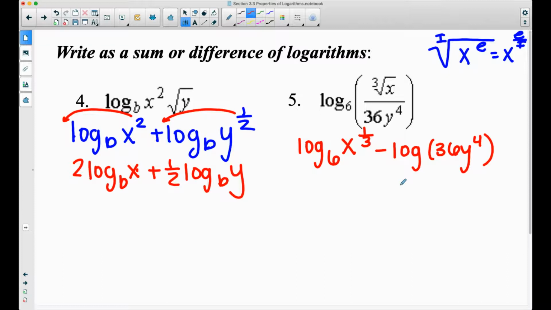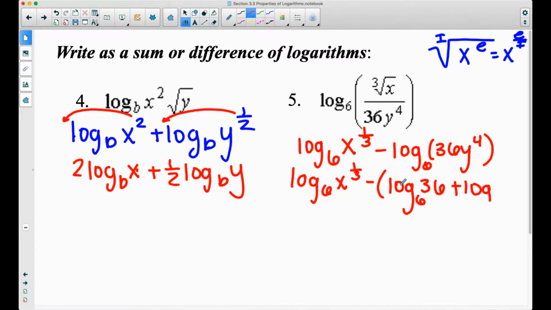So when I expand out that 36y to the 4th, I have to make sure to use parentheses. Because another operation is happening inside there.